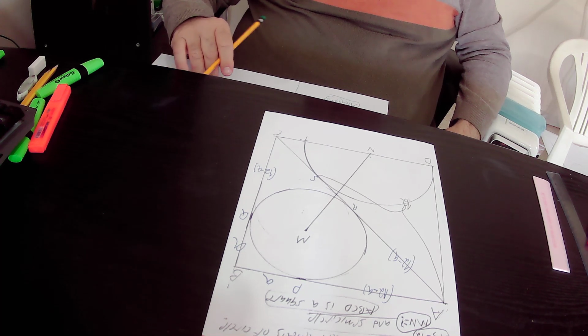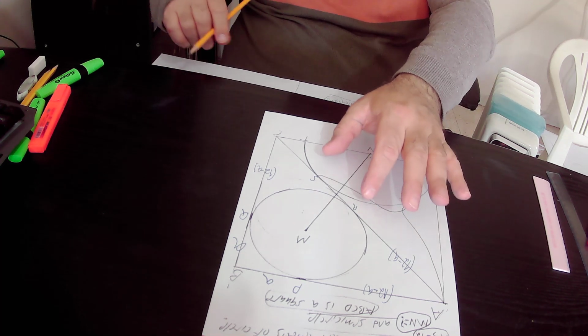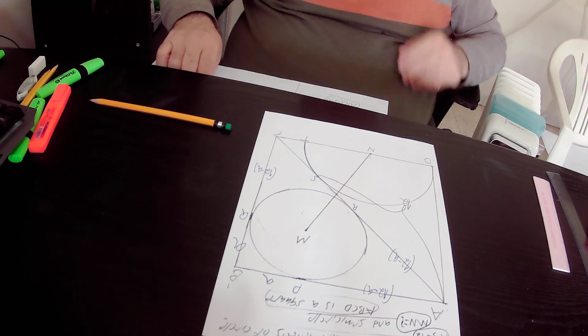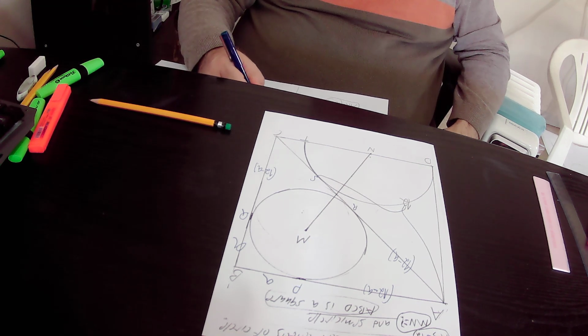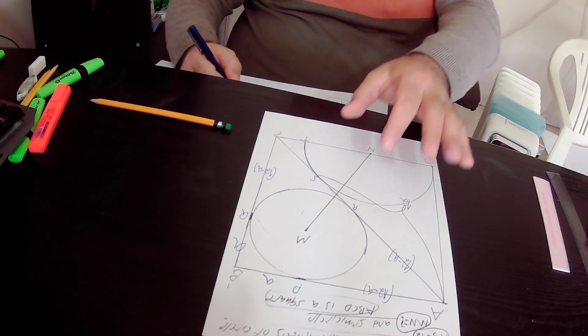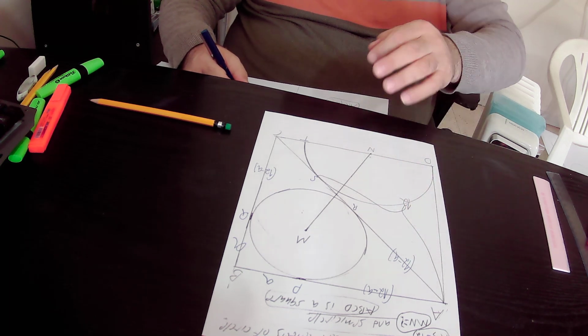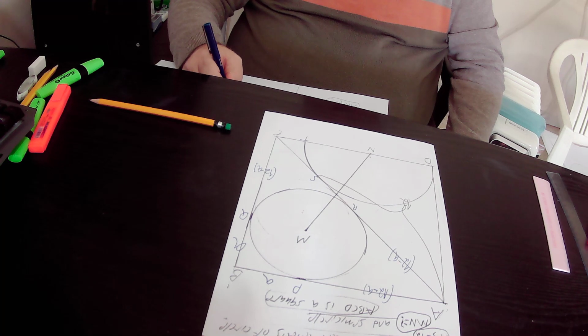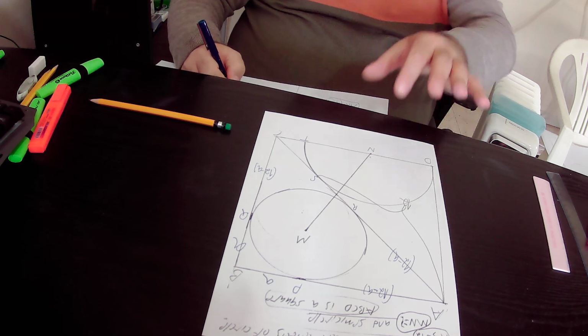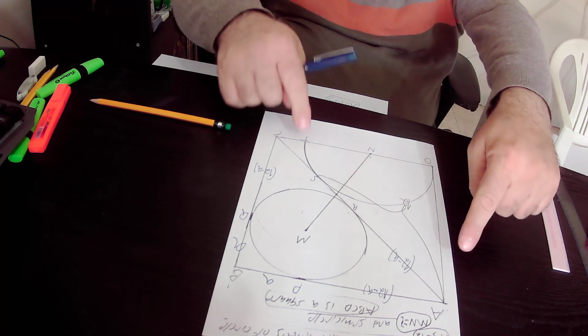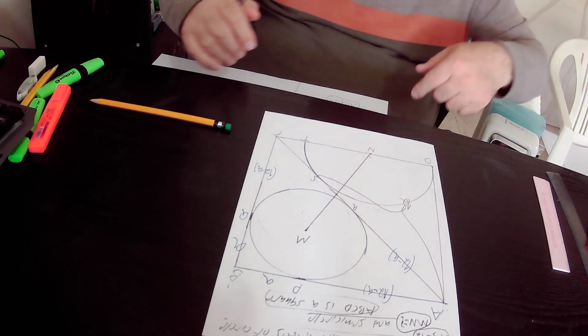So what is the length of line segment RS? It is very easy to see from the drawing that RS is equal to AS minus AR. Again, RS equals AS minus AR.